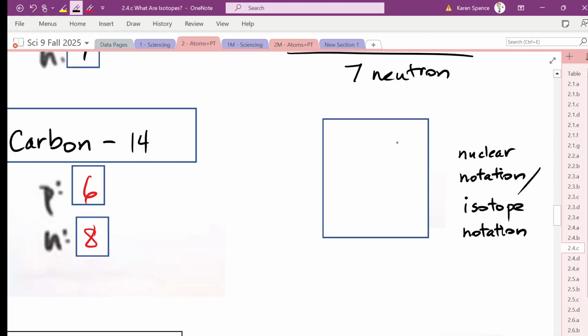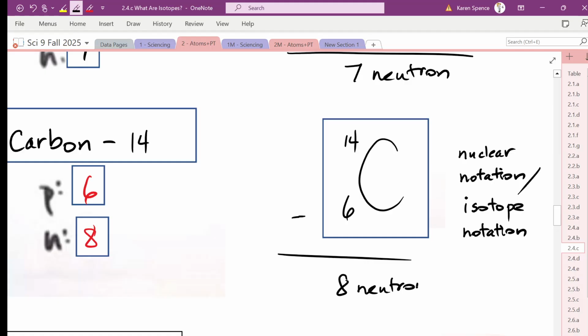What do we got? We got C. Where does the 8 go? Nowhere. Where does the 14 go? Top. Where does the 6 go? Bottom left. And if you wanted to calculate the number of neutrons, how would you do it? 14 minus 6 equals 8 neutrons.